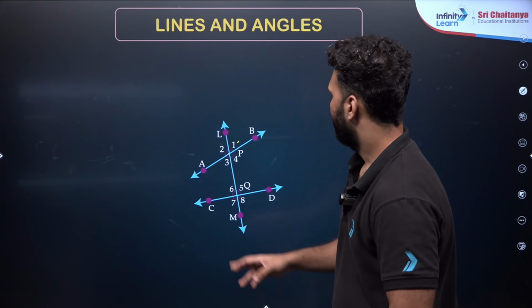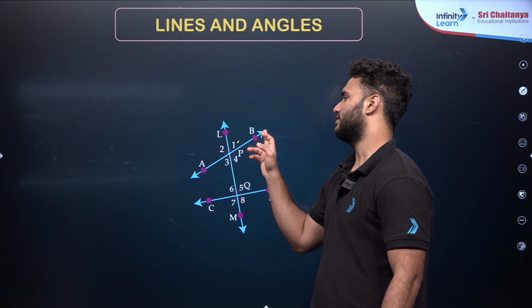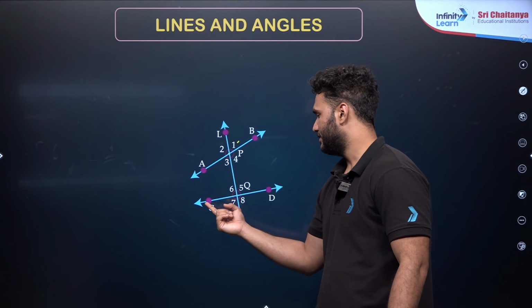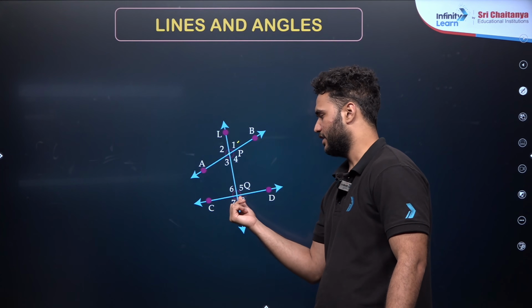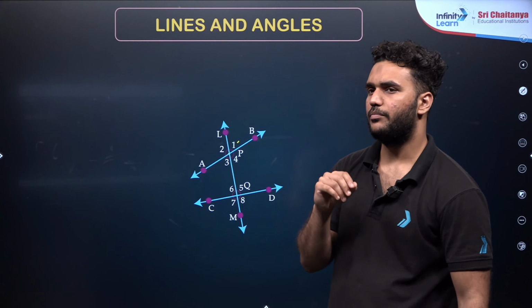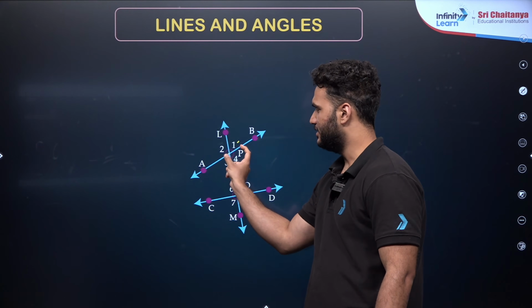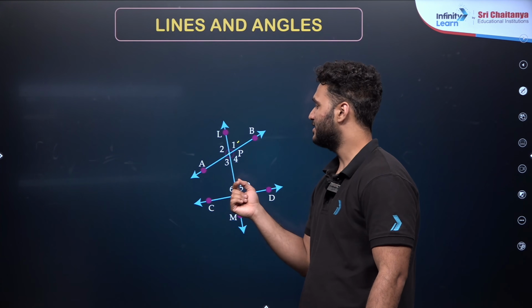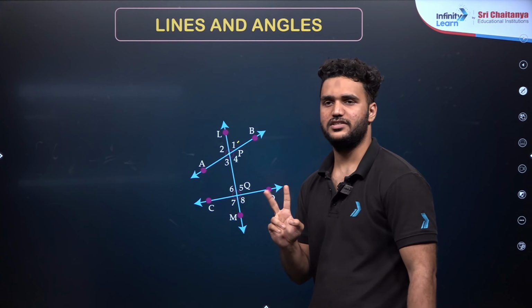See, this line is intersecting with this line, and we are getting this kind of angles. And this line intersecting at this point, and we are also getting 4 angles. Now try to imagine if you shift this incident here, this picture and this picture are similar.